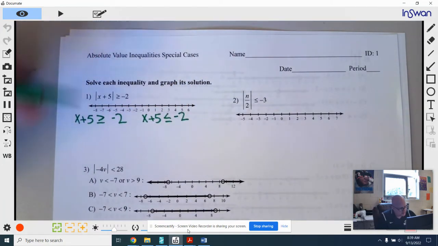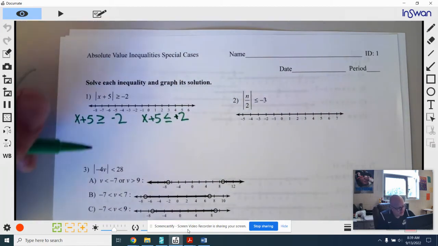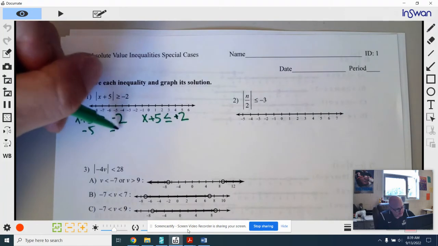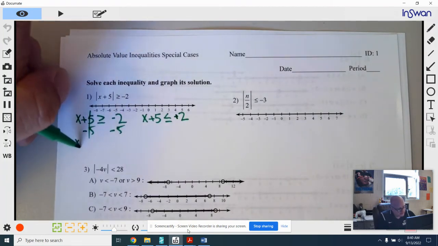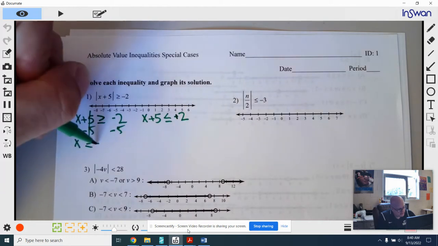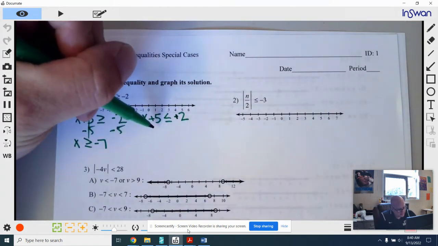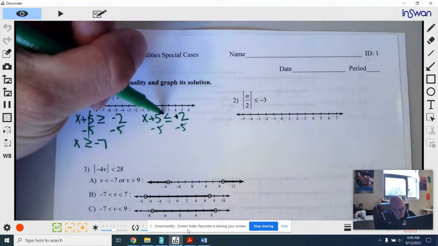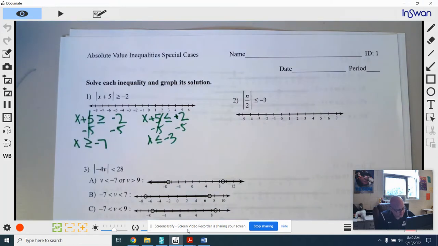When I do that, then positive 2. Start solving, subtract 5, and we get x is greater than or equal to negative 7. And then over here, subtract 5, x is less than or equal to negative 3.